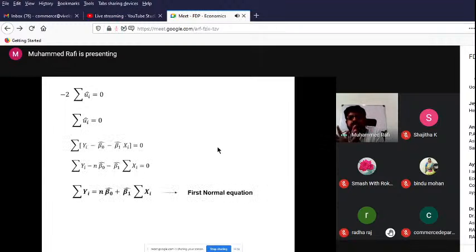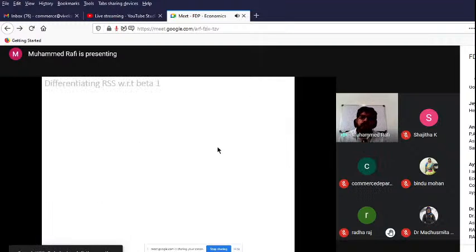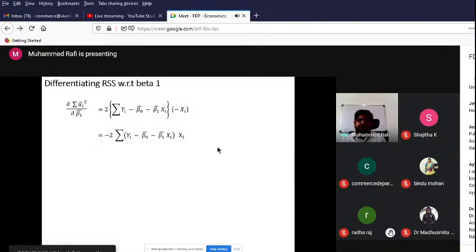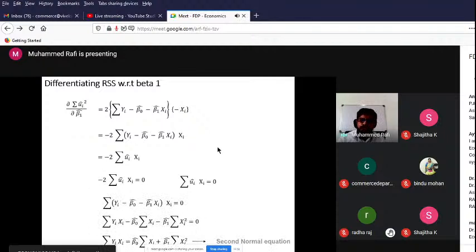You get the first normal equation when you differentiate the residual sum of squares with respect to beta 0 cap. And then you take the differentiation of RSS with respect to beta 1. Again, here we are going for the chain rule of differentiation and you get the second normal equation.